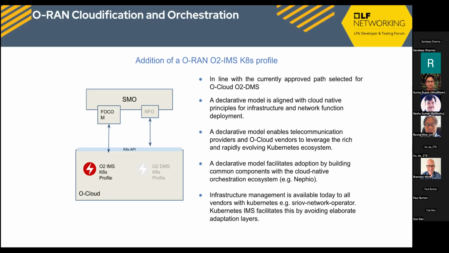So when the IMS becomes a Kubernetes API, or to say a custom resource, a controller can leverage these already existing controllers or CRDs for performing the infrastructure provisioning.